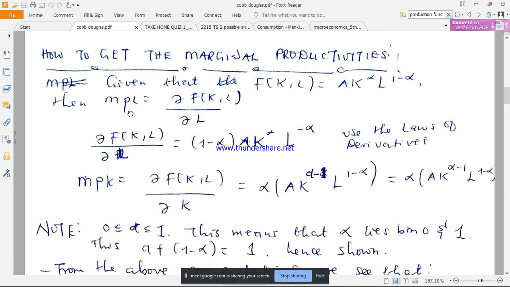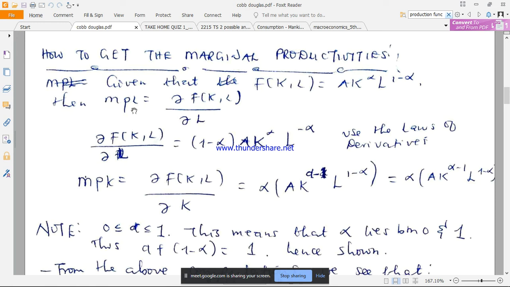So you're saying that the marginal productivity of labor is the change of this production function due to a change in labor. These are just derivatives. This is the sign of a derivative. So we are going to differentiate the given production function with respect to labor. That is how we calculate the marginal product of labor.